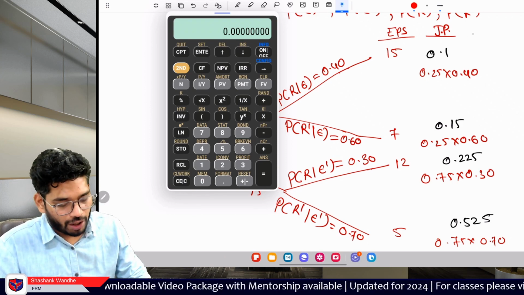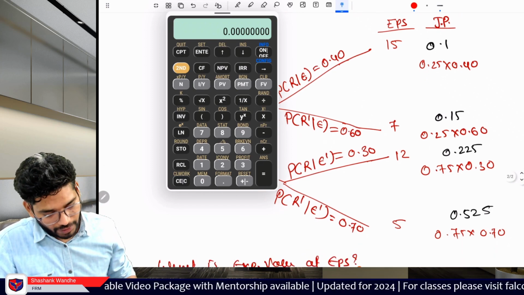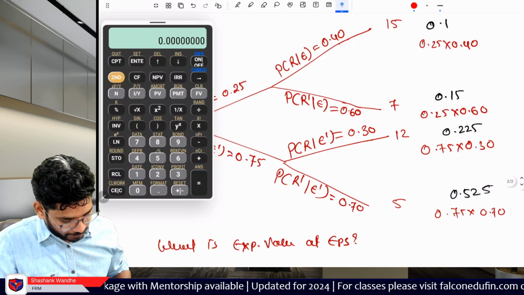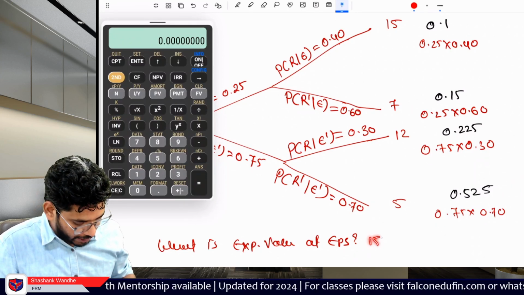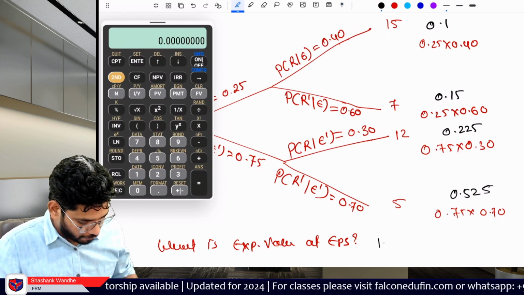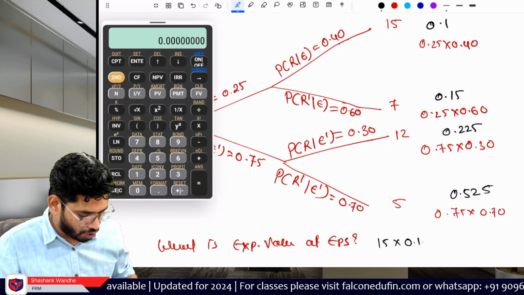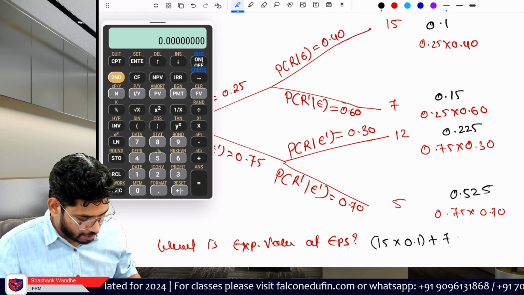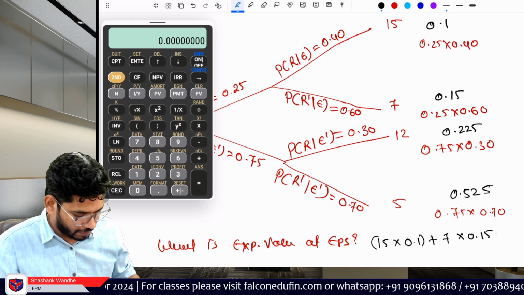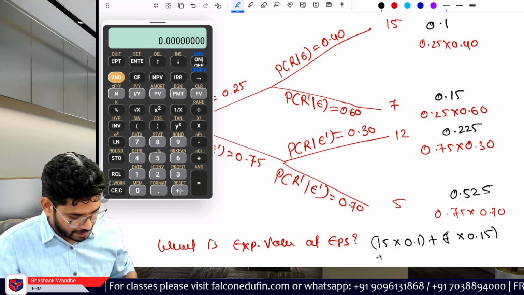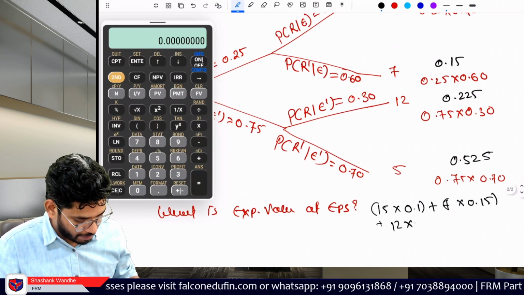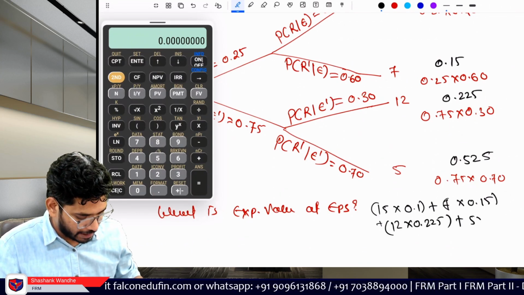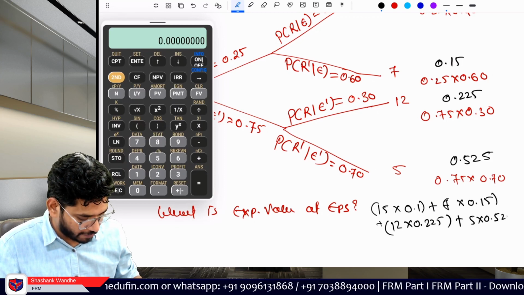Now here, once you have the joint probability, we have to simply do this calculation. See this here, 15 is the EPS multiplied by its joint probability, plus 7 multiplied by 0.15, again joint probability, plus 12 multiplied by its joint probability, plus 5 multiplied by its joint probability, 0.525.